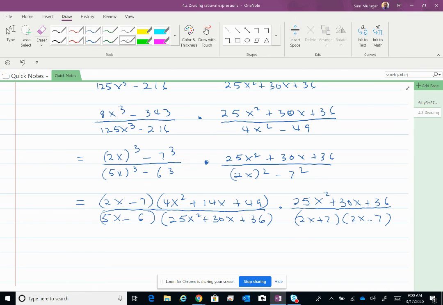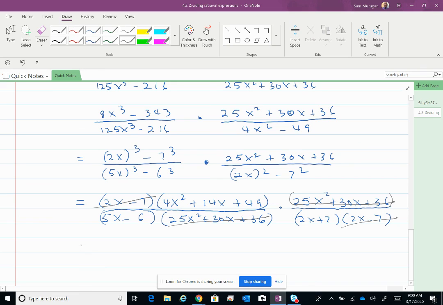Observe here that we can go ahead and cancel this big expression right here. It cancels here. We can also cancel 2x minus 7 with 2x minus 7.